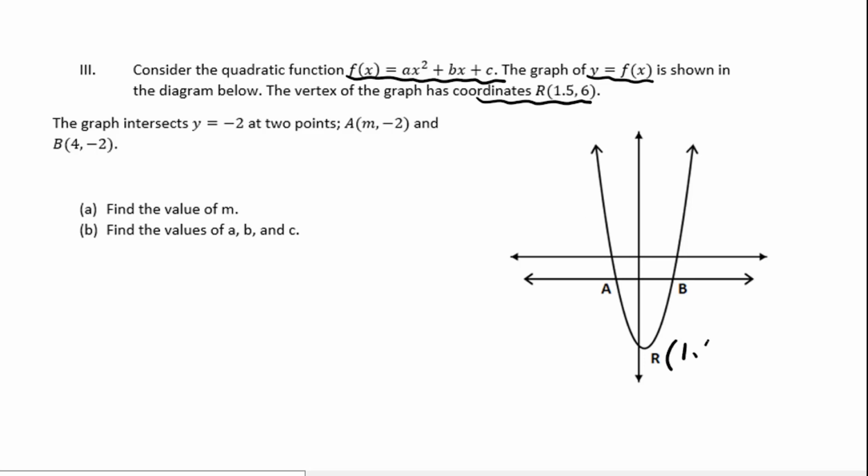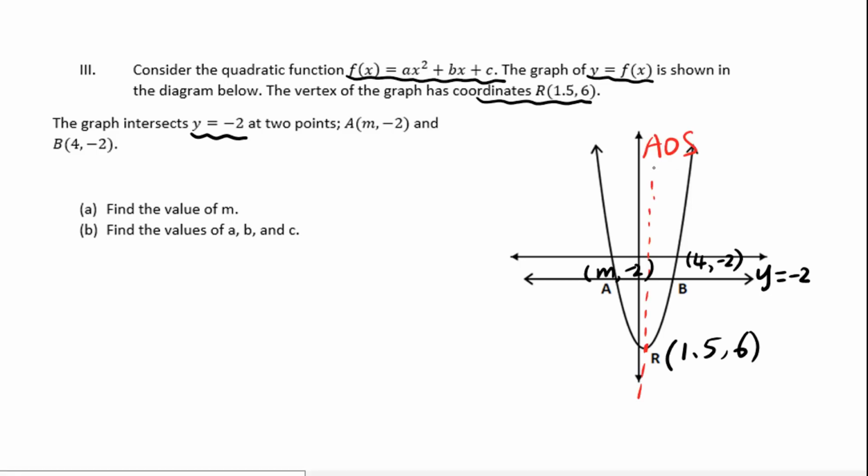So here is 1.5, 6. The graph intersects y equals -2. This is y equals -2 at 2 points. A is m, -2. B is 4, -2. Find the value of m.